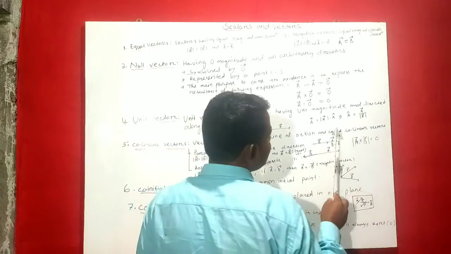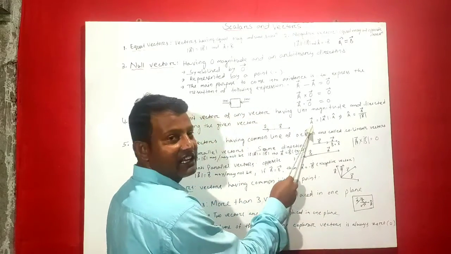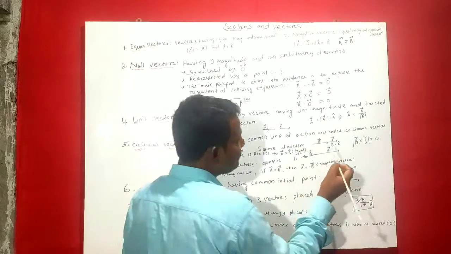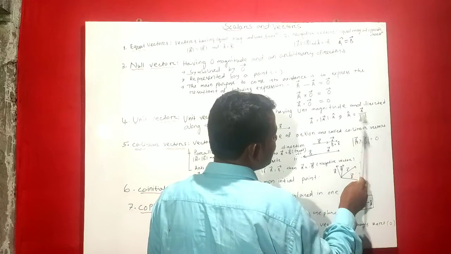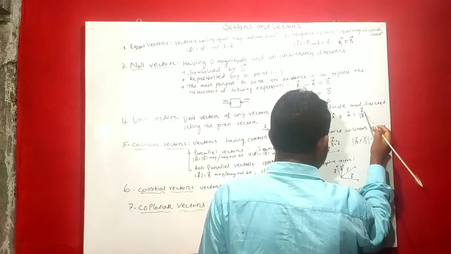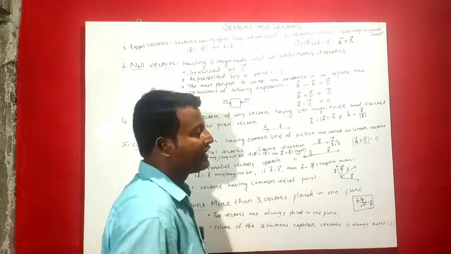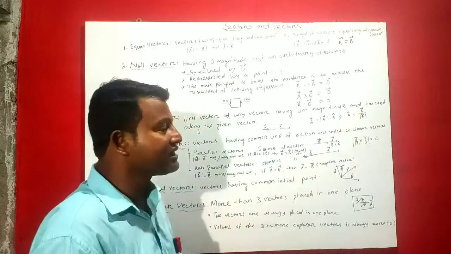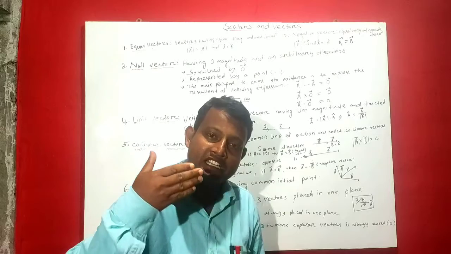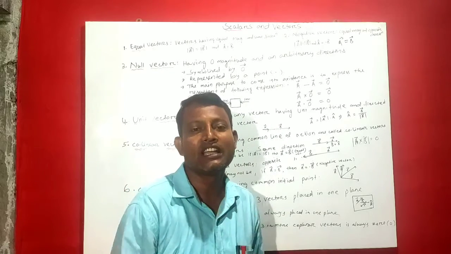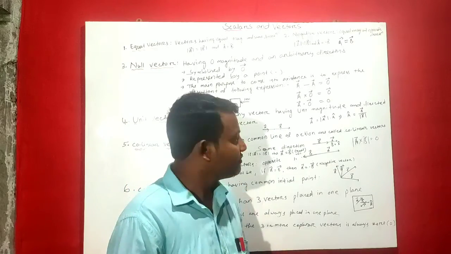A cap is the unit vector which shows the direction of the vector A. Then A cap, the unit vector of A, is equal to vector A divided by the magnitude of vector A. That means the unit vector of a vector always gives a definite direction to that vector. It shows the direction only.